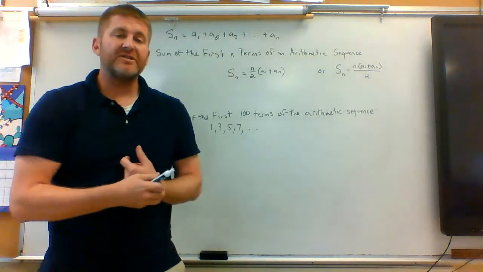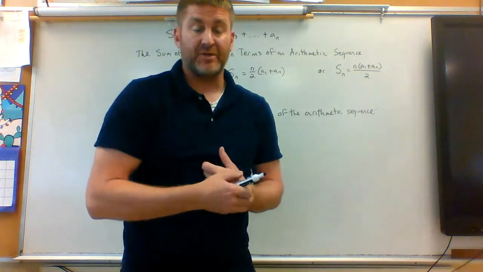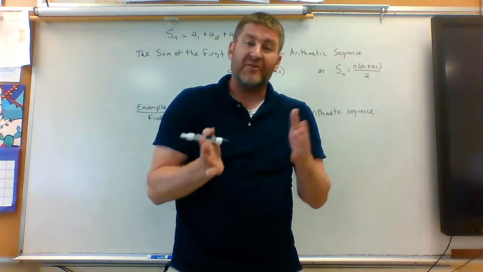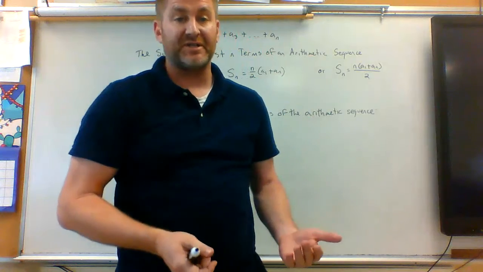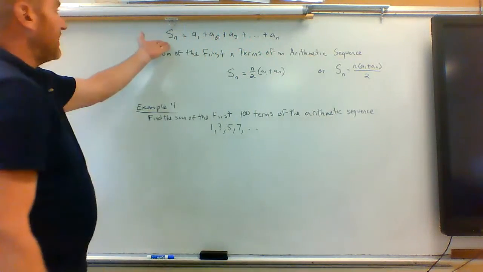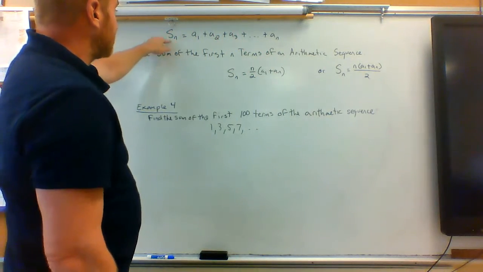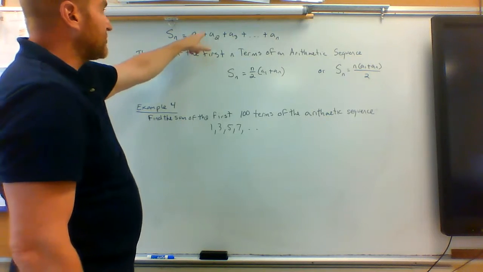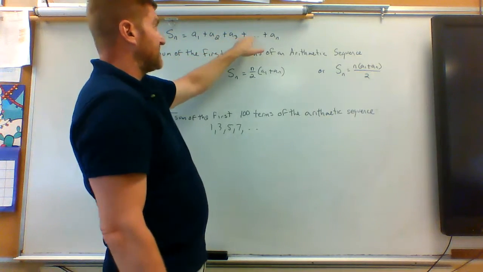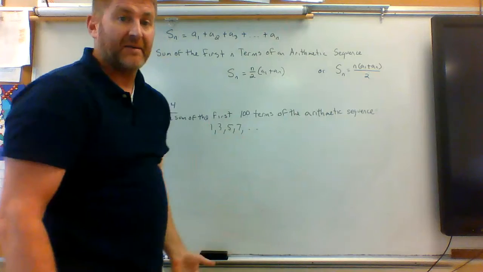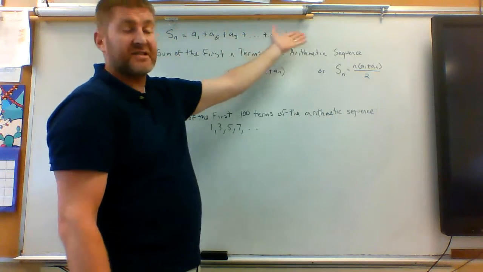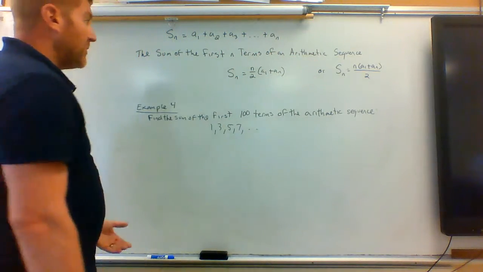So we're going to get into the sum of an arithmetic sequence, all right? When you do a sum of a sequence, it's also called a series. The sum of an arithmetic sequence can be S sub n, which is your first term plus your second plus your third plus dot, dot, dot plus a sub n. Now imagine having to add this sequence that is arithmetic. Well, there's a formula.